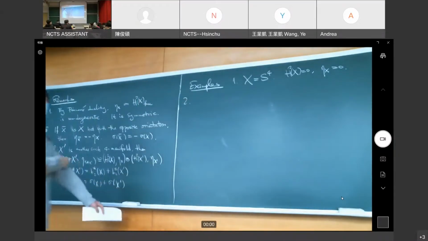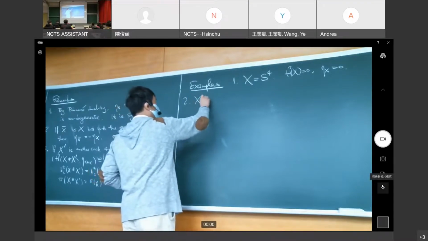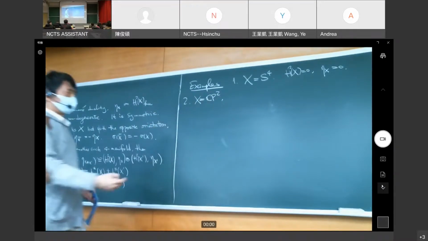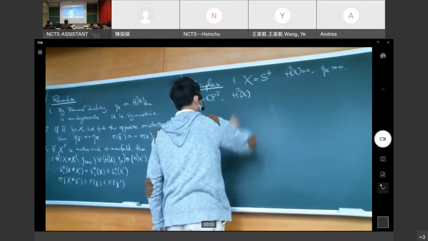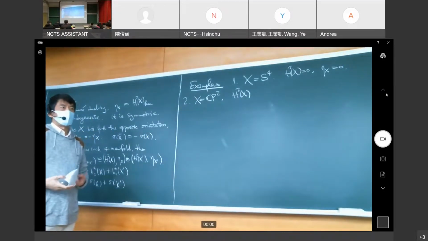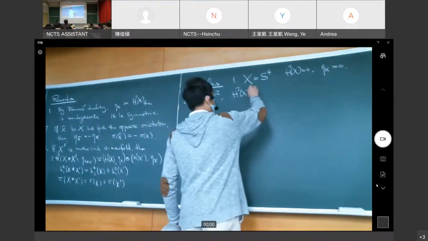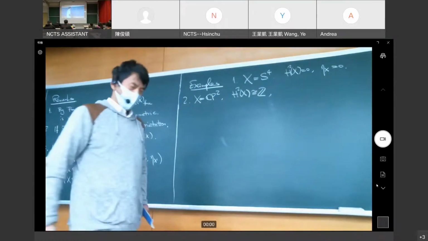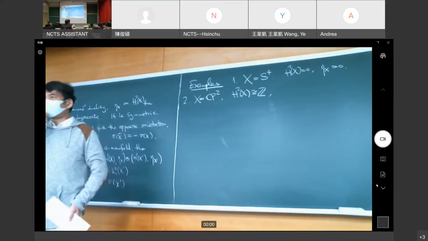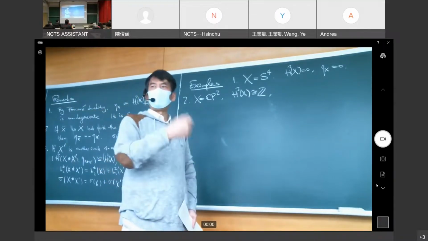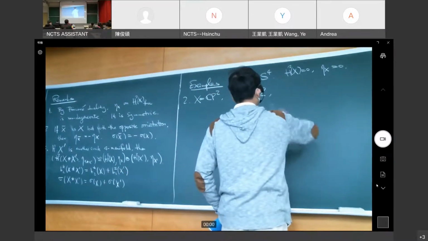The second case is the first slightly non-trivial case, the complex projective space of complex dimension 2, CP2, and H2 is a copy of Z. If you remember your exercise in algebraic topology, if you take the cup square of the generator, paired with the fundamental class, that's 1.